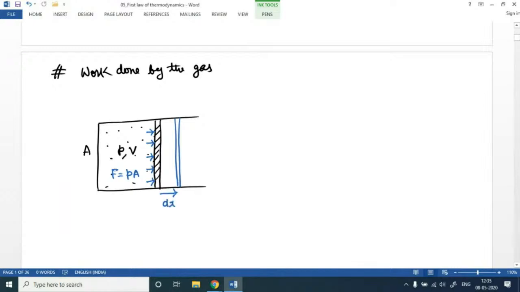In that case, the work done by the gas would be force dot displacement, which is P times A times dx. And you should notice that A dx is nothing but the change in volume of the gas, so you can also write it as P dV. That is the small work done by the gas when the displacement or the change in volume is small.